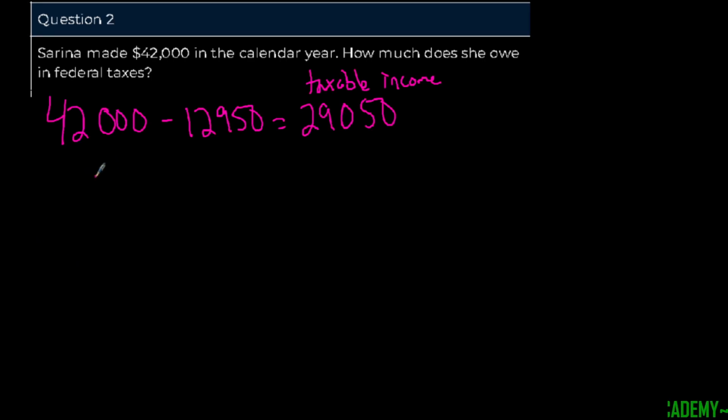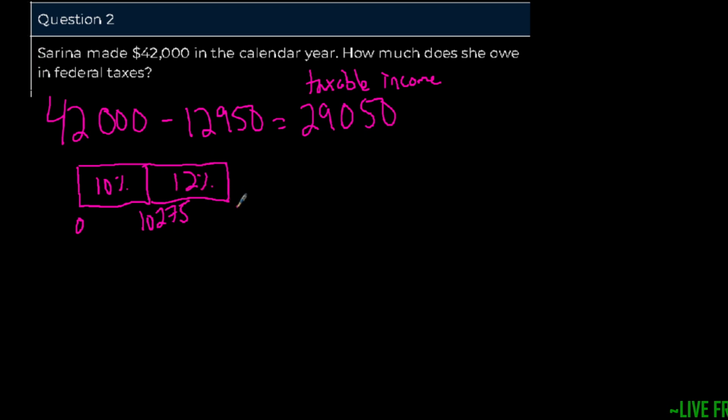They say, okay, from this section, which is going to be 10%, that's going to be from 0 to 10,275. And then past that is going to be 12%, which we're going to go up to our amount, which is 29,050.